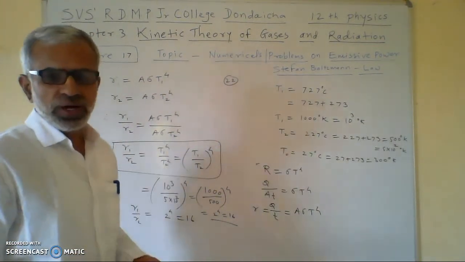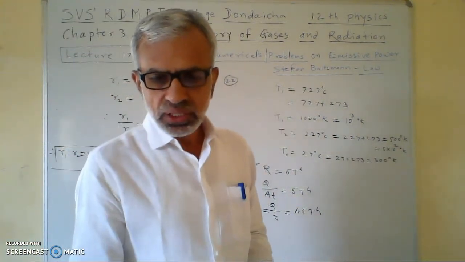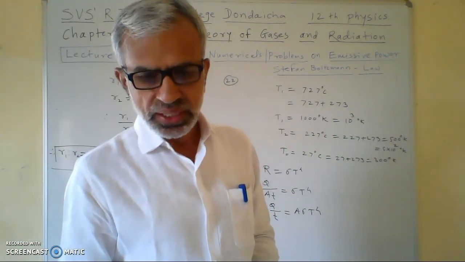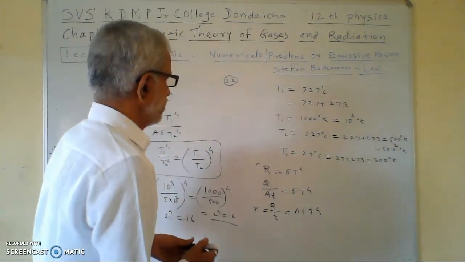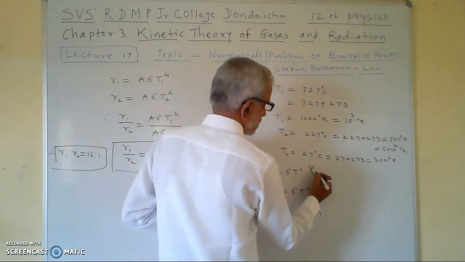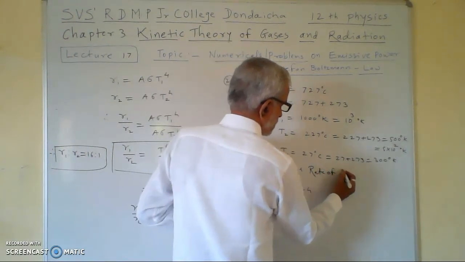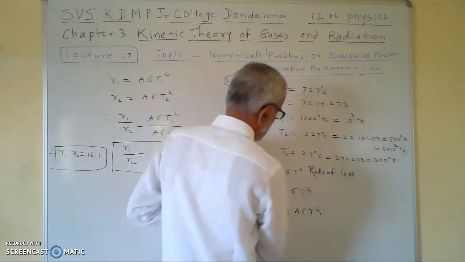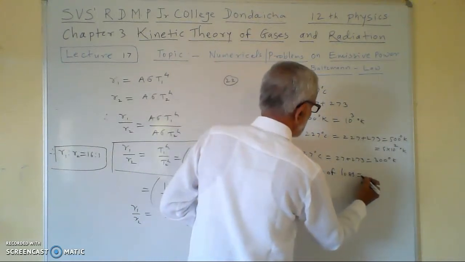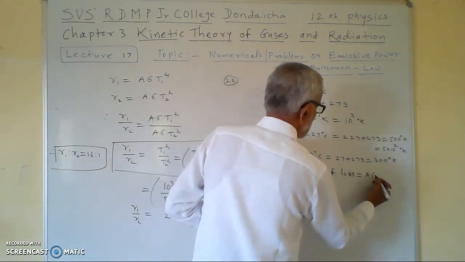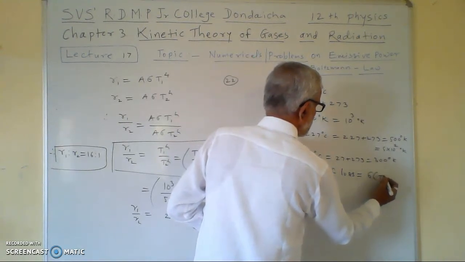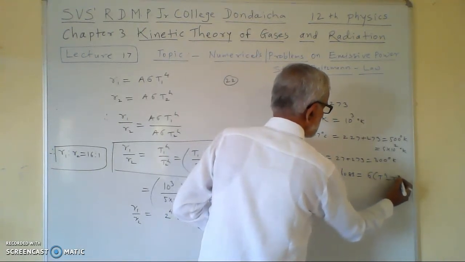Now we find the ratio of their rate of loss of heat. Now we find what is the rate of loss of heat. Its formula is sigma into T raised to 4 minus T0 raised to 4.